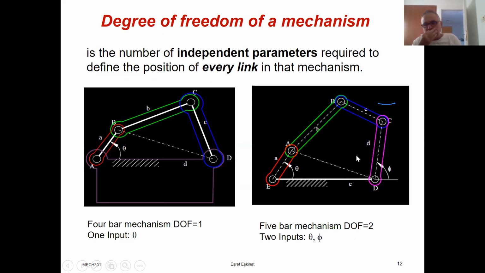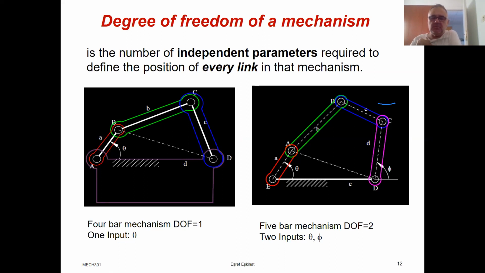Now, we came to the degree of freedom of a mechanism. Degree of freedom is the independent number of parameters required to define every link in the mechanism. For example, if you have a 4-bar mechanism, as I show here, if you just define this theta, you define the position of the mechanism.